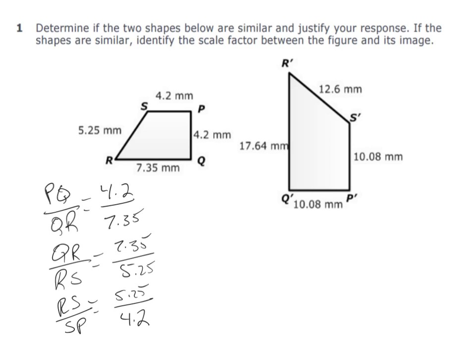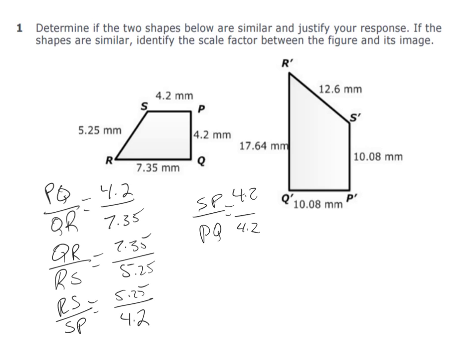The last one is SP to PQ. All right, so 1, 2, 3, one more. So SP to PQ. I think I went all the way around the figure. Again, SP is 4.2 and PQ is 4.2.